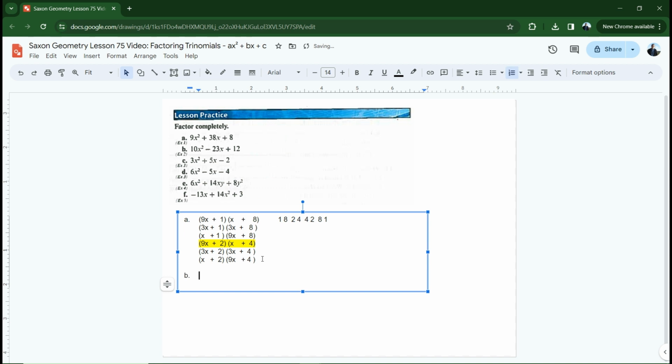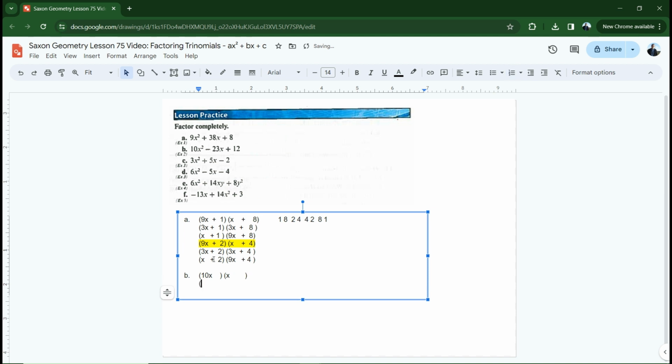So watch again, pay attention again as I set this up. Now 10 has one extra set of factors compared to what we did in the previous one. The reason for it is because 9 was 3 times 3, and order doesn't matter with 3 times 3. With 10, what are we going to run into? So 10x times 1x is going to give me 10x squared, right?